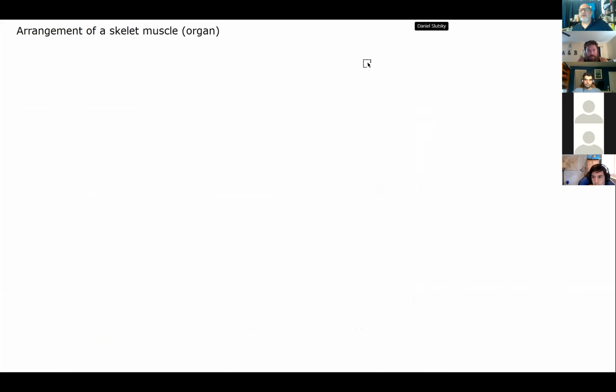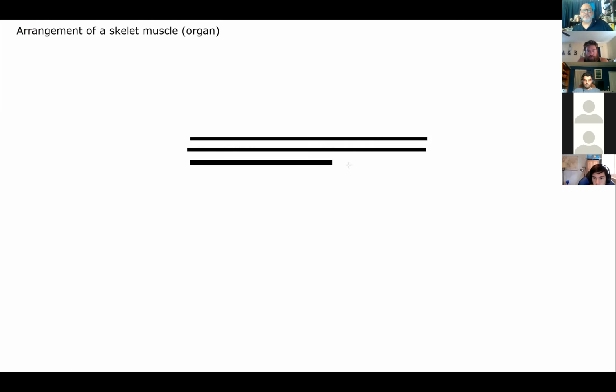So as we talked about, we are going to have, and we'll go ahead and use black for them, individual thread-like muscle cells. Here, I'll make 4 of them. And as we talked about, these individual muscle cells are going to have that areolar connective tissue that wraps around and insulates each individual one.